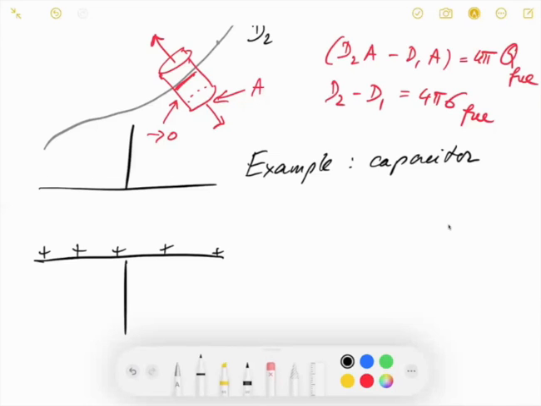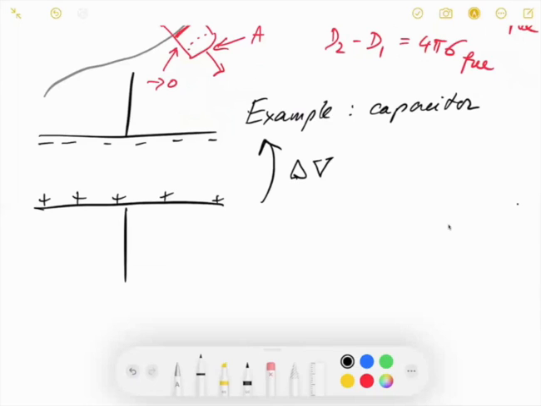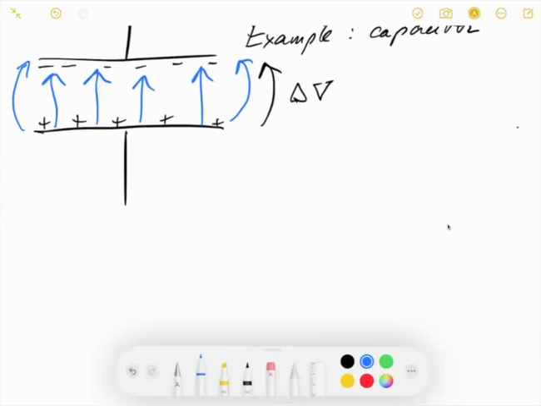And that's because we have placed some potential here, some delta V, and as a result, we'll get an electric field, and the electric field would look like this. And we're assuming again parallel plate configuration, so no edge effects. If you really want to, there should be E fields that are doing this, but let's only worry about the inside.